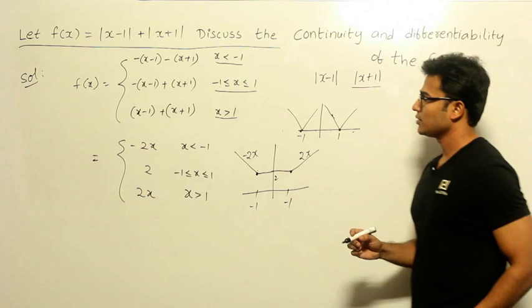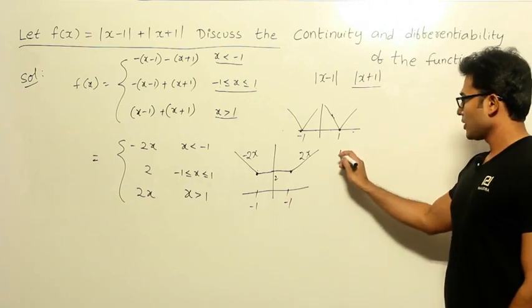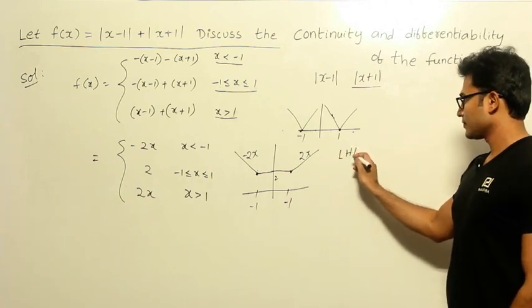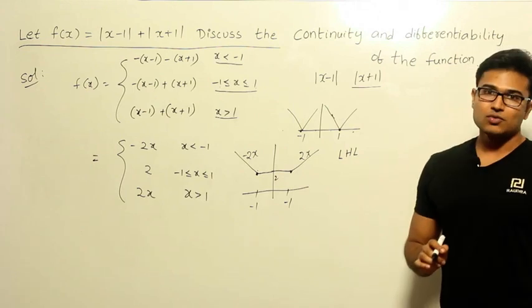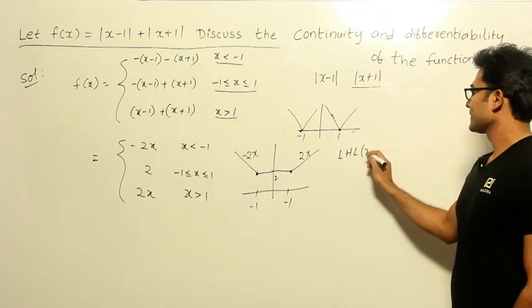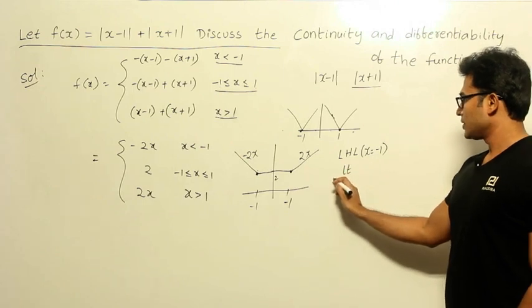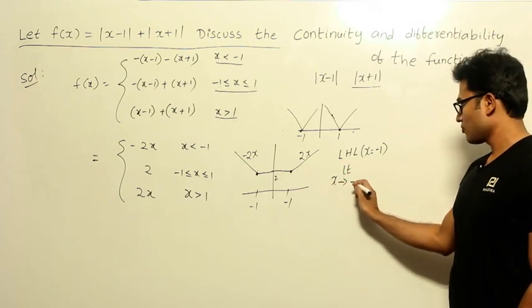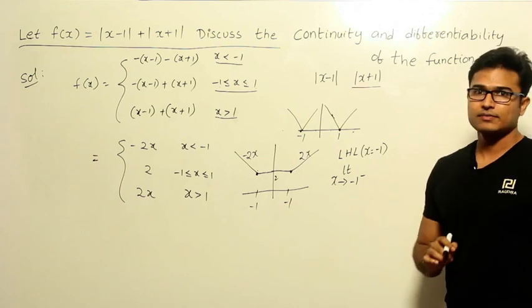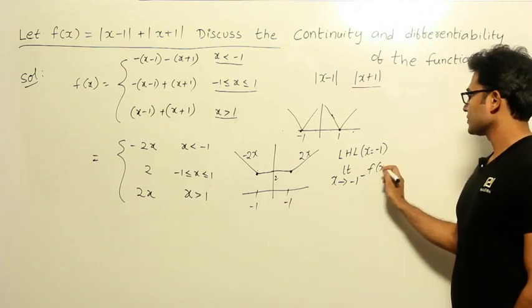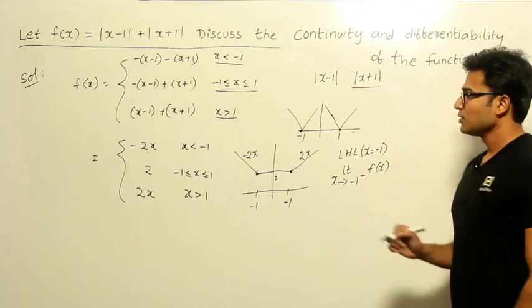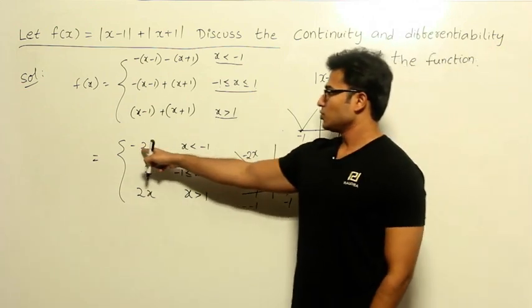Or if you want to find it, you can find it this way. I am talking about the left hand limit at x equal to minus 1, which is nothing but limit x tends to minus 1 minus f of x. This is what I want to find out, which is nothing but minus 2x.